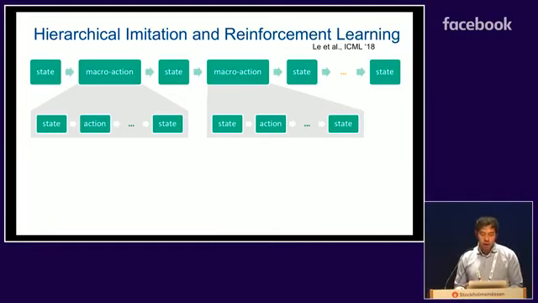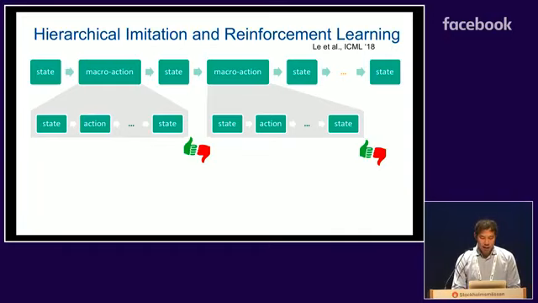For instance, after the agent picks some macro action, the low-level policy would execute the low-level actions, and upon completion, we only ask the teacher to verify whether the macro action has been completed successfully or not. Basically, an up vote or a down vote.